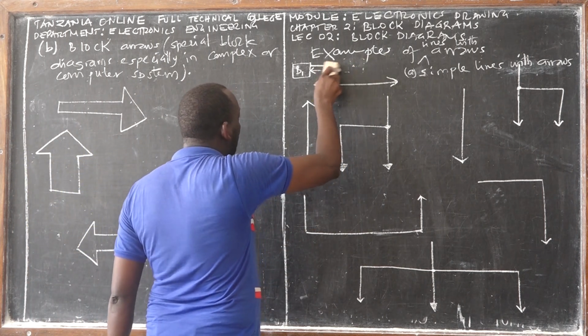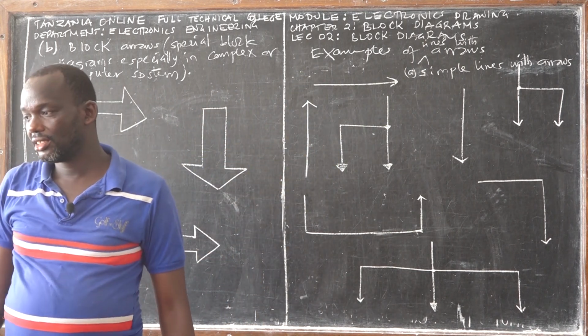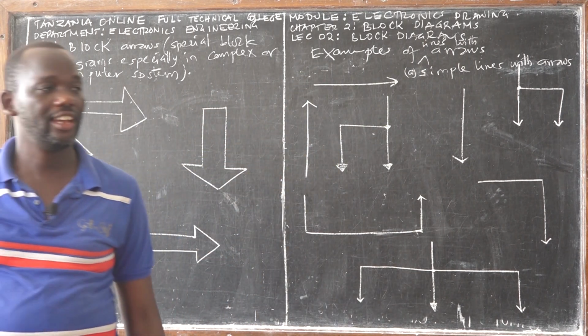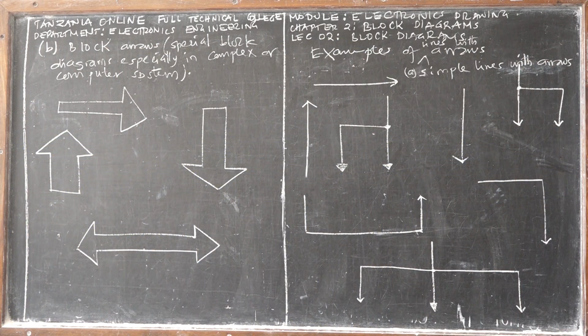Wait, Jackson had a question. The same question. Hey, what's your name? Daniel. For those 2 blocks, you can use one arrow.